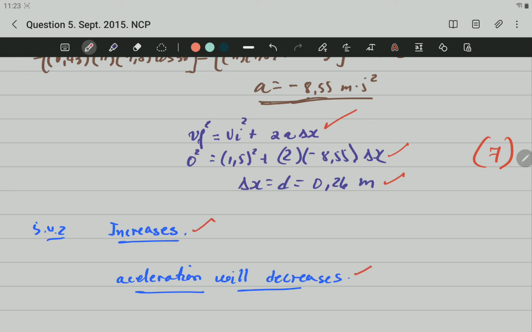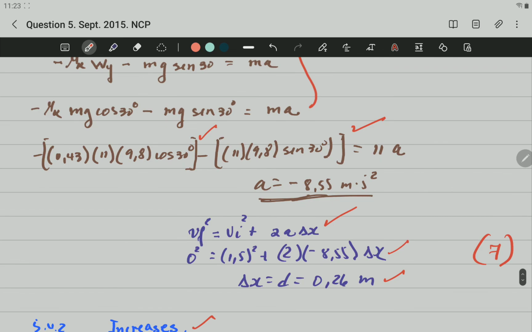Okay, you just can calculate the acceleration and you will see that it decreases. So you just change, you come here and you change this angle here from 30 to 25, or any number smaller than 30, and obviously this one is the same angle, it must be smaller than 30, and you will notice that this acceleration here will be smaller.